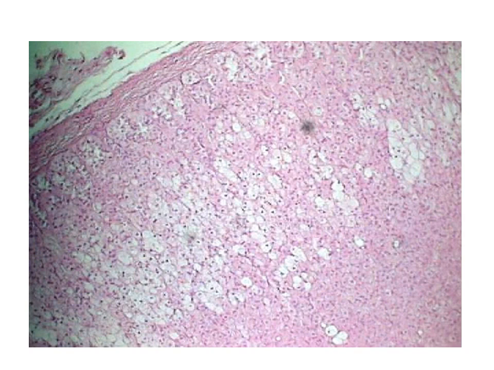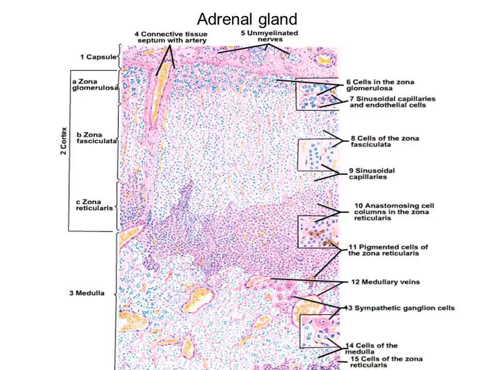This is another picture to give you more clarity about the capsule, the zona glomerulosa, zona fasciculata and zona reticularis. We will come to each layer separately. This is actually not a real slide but a book picture, so you can see clearly the blood vessels which are traversing the capsule.